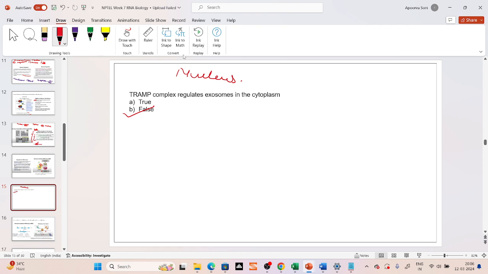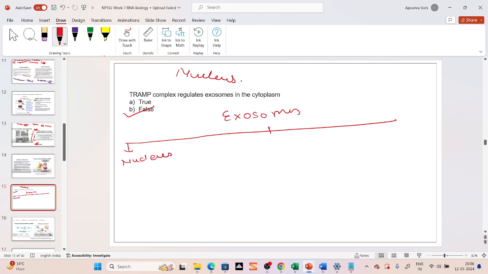If I make it like this for your basic understanding, exosomes can operate in the nucleus or in the cytoplasm. In the nucleus, with the help of the TRAMP complex; in the cytoplasm, with the help of the SKI complex.